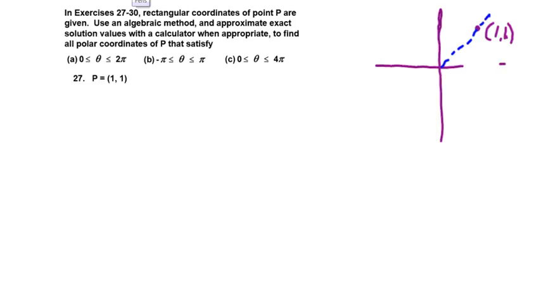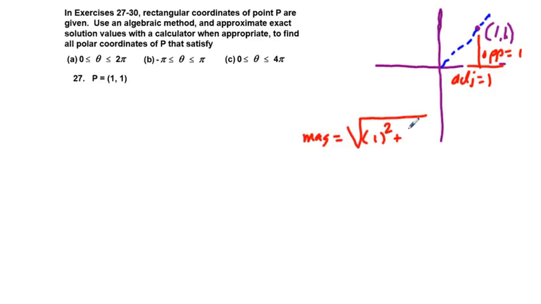What that magnitude is going to be is simply, we have an adjacent side of 1, and an opposite side of 1. Our magnitude, or our radius, is going to be equal to the square root of 1 squared plus 1 squared, using our distance formula.